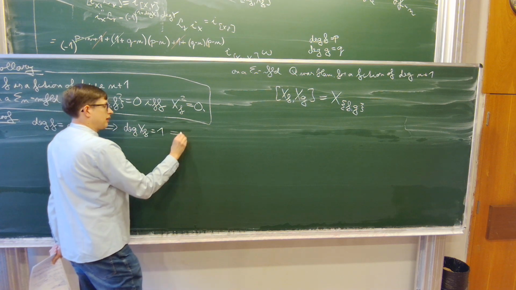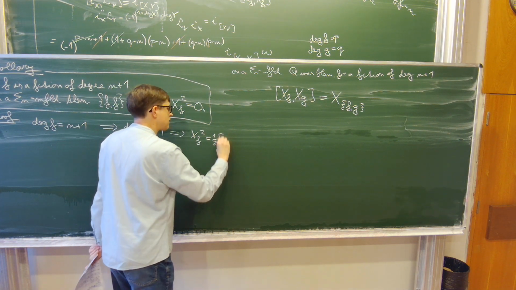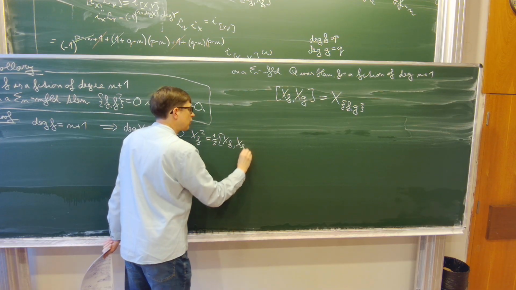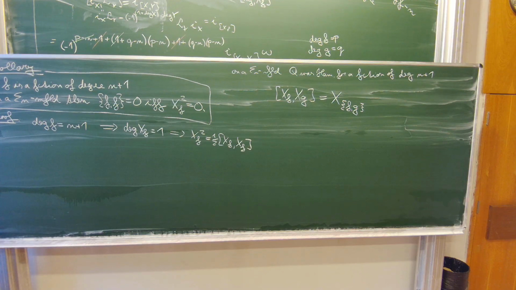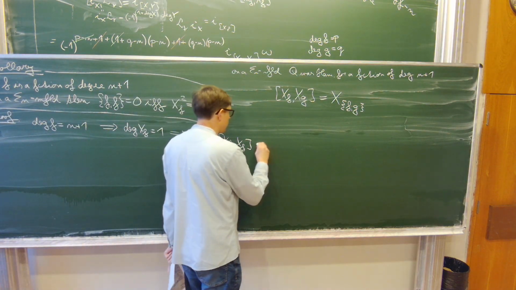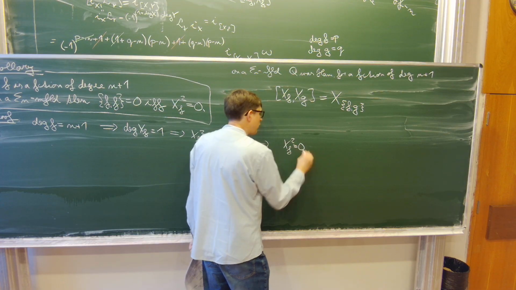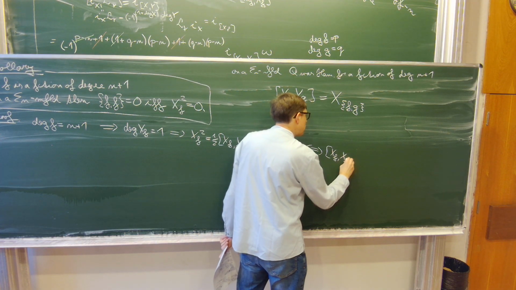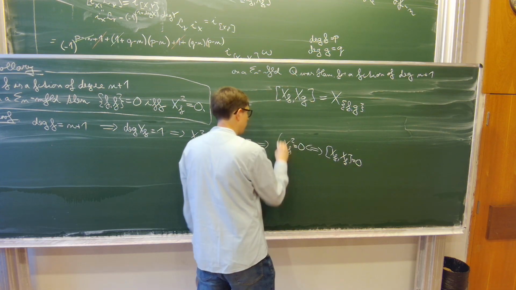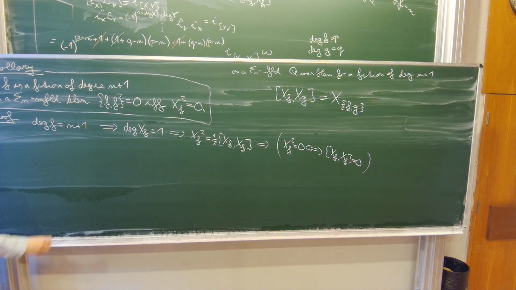And what does this mean? It means that what I here wrote as a square was in fact the same, up to a factor, as the commutator. Again, just to be super formal, this implies that vanishing of this is equivalent to this thing being 0. This is just to replace the second condition.